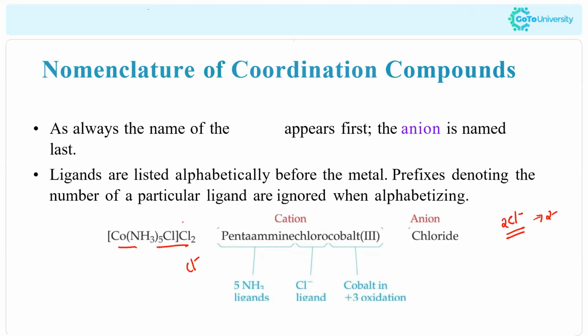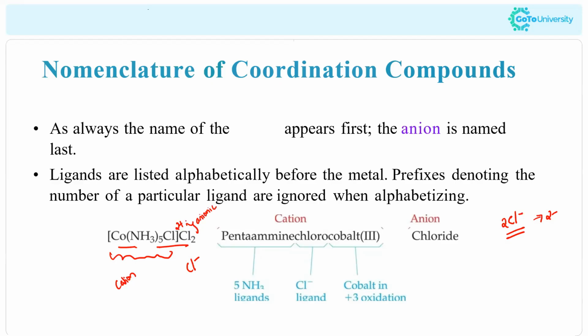So the charge of the coordination sphere will be 2 plus. Okay, so the coordination sphere is the cationic part, and the ionization sphere will be the anionic part.